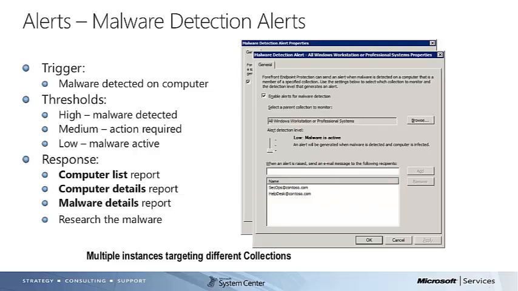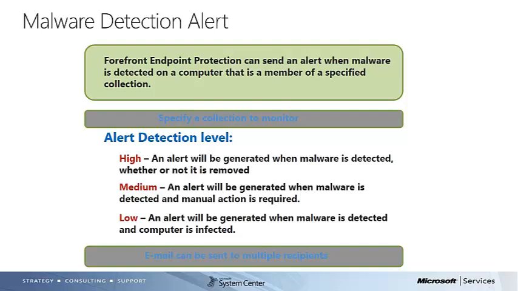And again, this is just another example of how this is different from a single instance. You can actually configure this to monitor a different collection with a different threshold and even change the recipient list. And this is just walking back through basically a flow chart of what would take place.